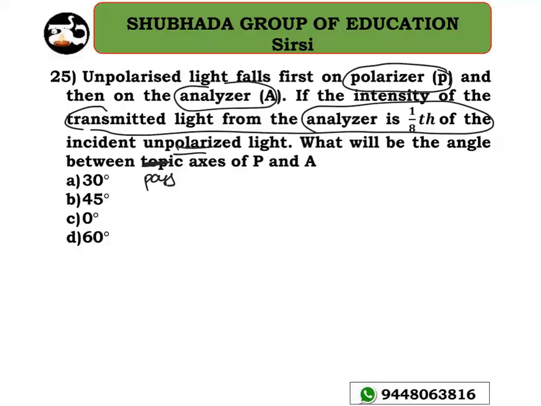Please try to remember, this is the polarizer, and here we have the analyzer. Please remember the unpolarized light vibrates in two different directions, with both electric field and magnetic field.